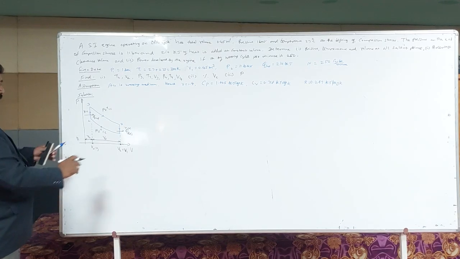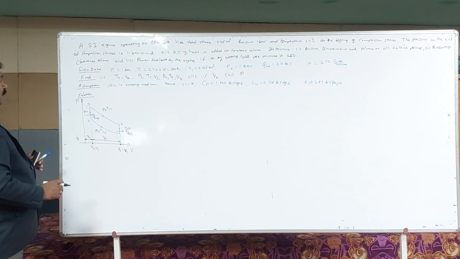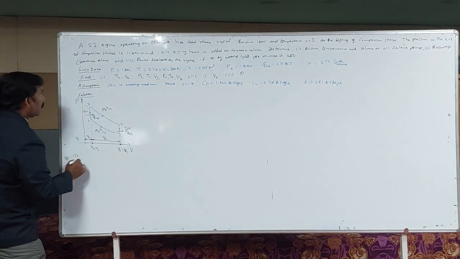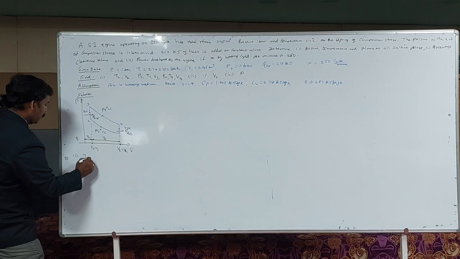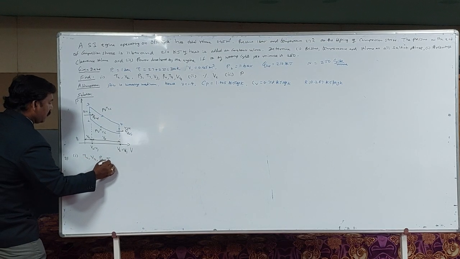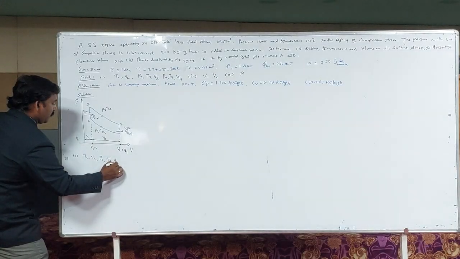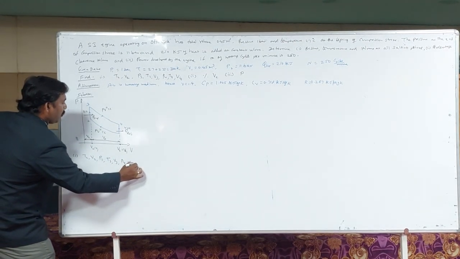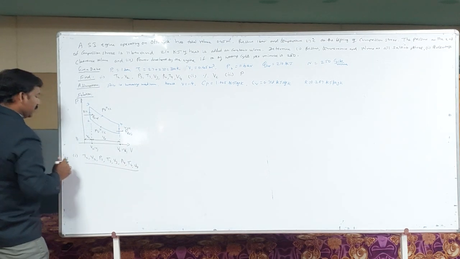So now we have to solve this problem. To start with, the case 1 is we have to find out T2, V2, P3, T3, V3, P4, T4 and V4.